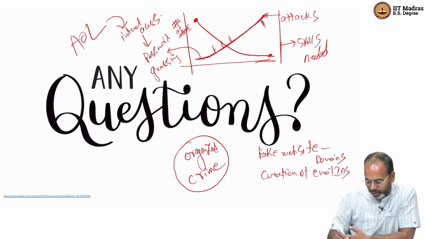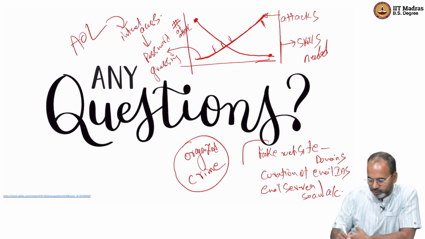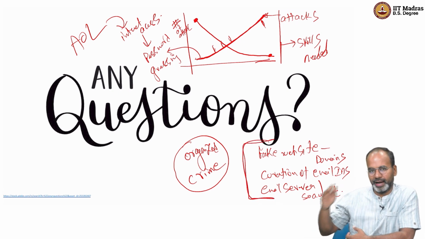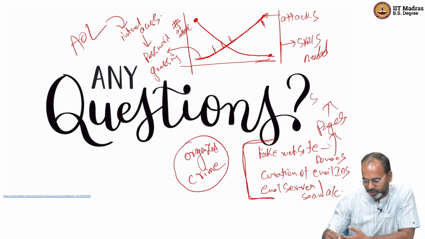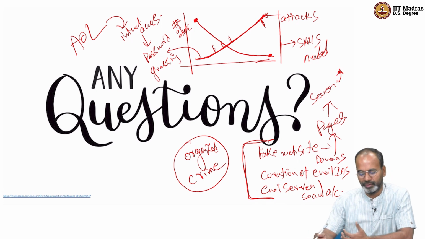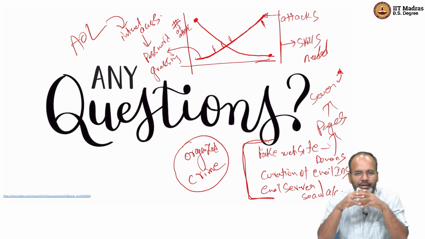Then you need an email server or your social media accounts. All of this you need to do a phishing attack. And when it lands on a page, this domain needs to have pages which look like a real page. And then when they give the username and password, it has to be stored in a server or something, and then something can be done with that. So all of these are different parts of a phishing attack.